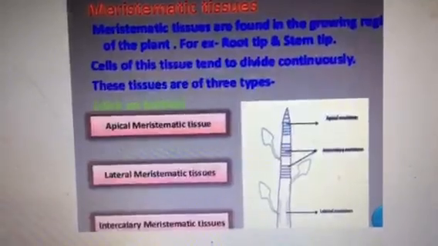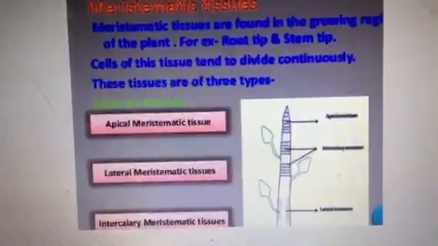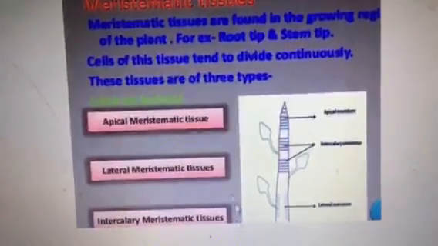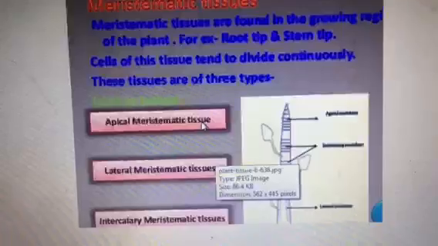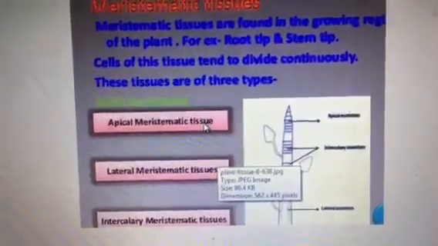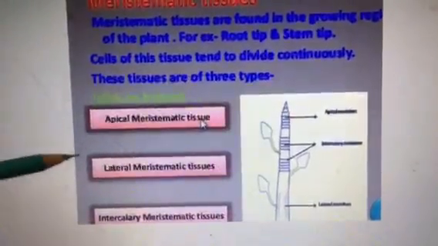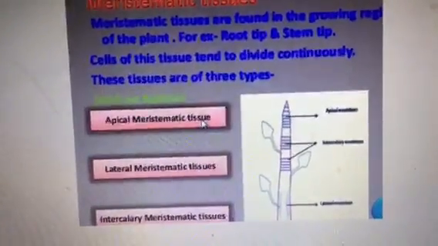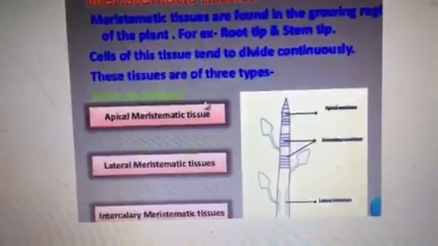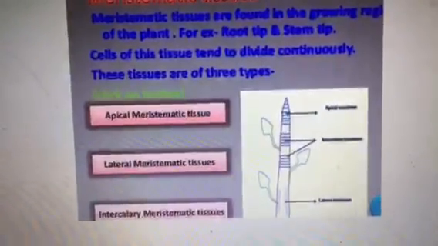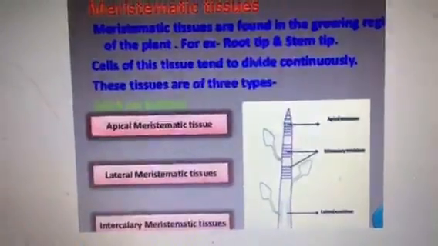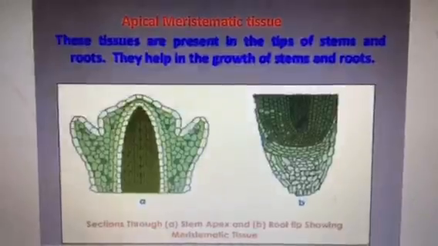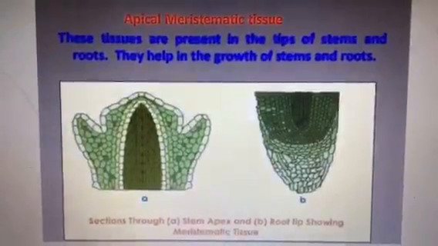On the basis of position, meristematic tissue can be divided into three types: apical meristematic tissue, lateral meristematic tissue and intercalary meristematic tissue. Let's first discuss apical meristematic tissue. Apical meristematic tissue is present at the tip of root and stem.